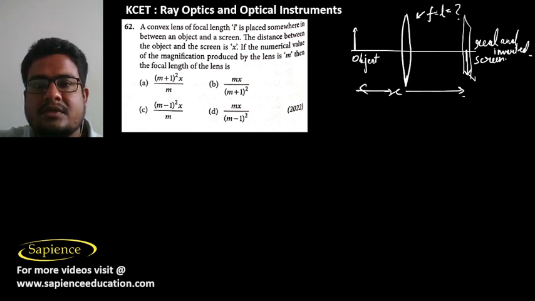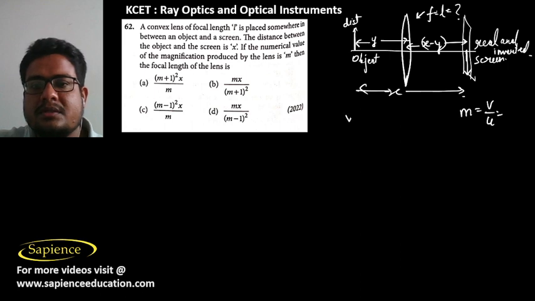So here, if the distance of the object from the lens is, suppose, y, then the distance of the screen from the lens should be equal to x minus y. The magnification produced is m, so m will be equal to v by u.